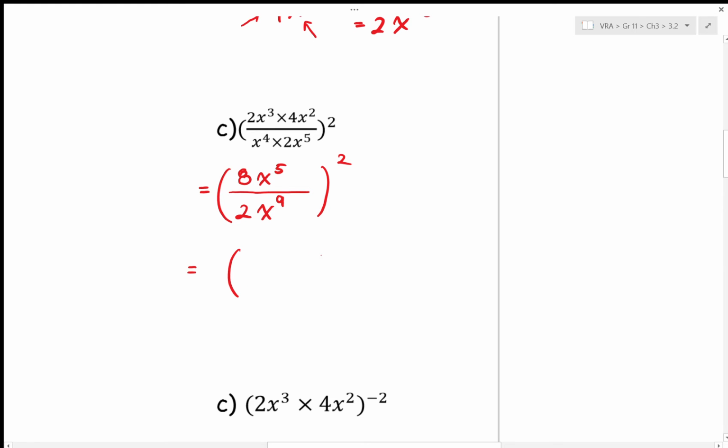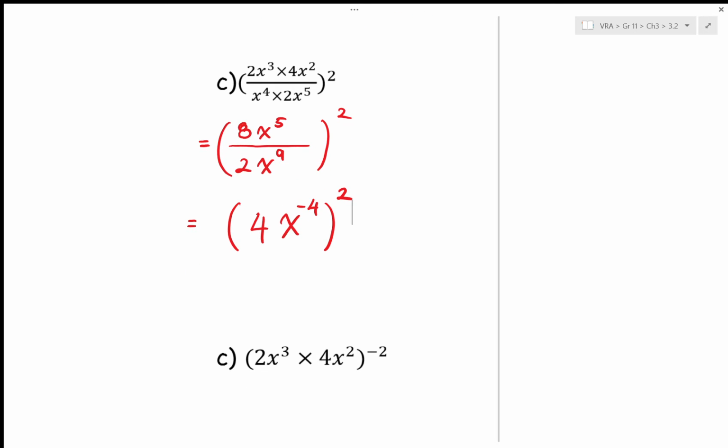Now, take a look at the inside of the brackets. So coefficient by coefficient, 8 over 2, so that gives me 4. x to the power of 5 divided by x to the power of 9 is x to the power of negative 4, squared. Now remember, this actually means that it's 4x to the power of negative 4 times 4x to the power of negative 4.